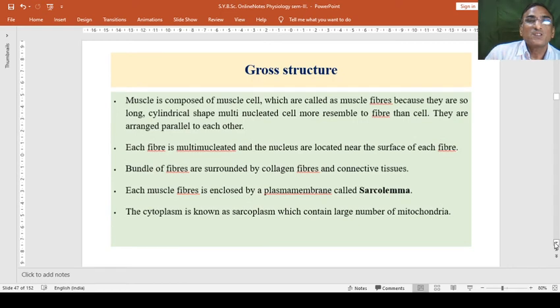Now, if we study the gross structure of muscle in detail, we will find that it is totally composed of different fibers. And we have seen in the previous figure, each fiber is made up of filaments. These filaments are of two different protein molecules, that is actin and myosin.